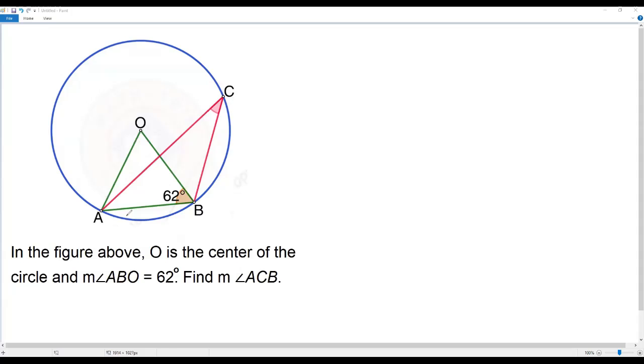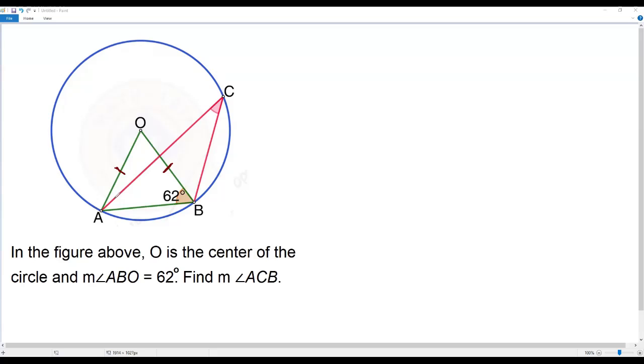There is an angle measure given here, that is, the measure of angle ABO equals 62 degrees. And we know that OB is a radius of the circle and OA is also a radius of the circle. Since OA and OB both represent a radius, they must be equal in length. So in this triangle OAB, the length of the side OA and the length of the side OB must be equal because both are radii of the circle.